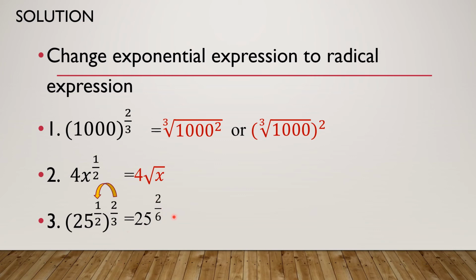Then, pwede na natin siyang i-transform sa radical form. So, siya ay magiging 6th root of 25 squared. Kasi po, again, 25 nasa loob po, radicand. 6 denominator, yan po yung index. 2 is the exponent of the radicand. Then, meron pa yan, or, same lang po din sila, dalawa.